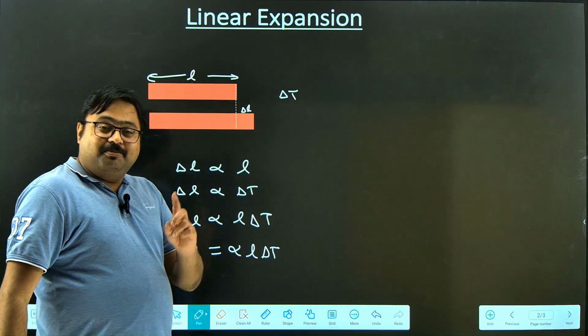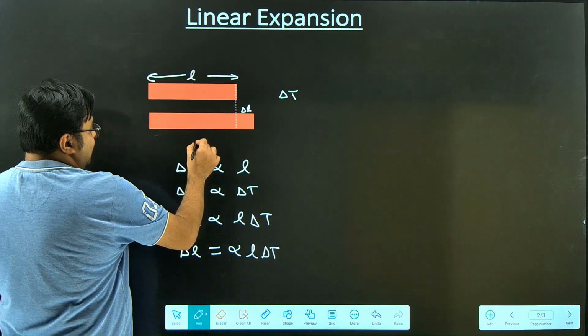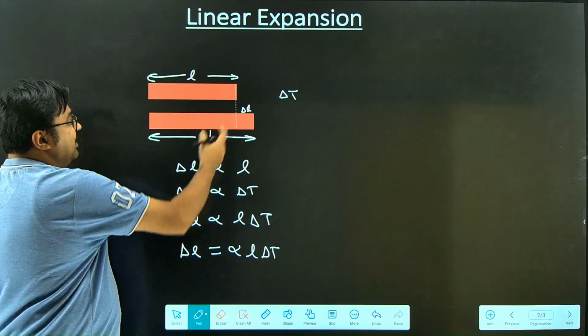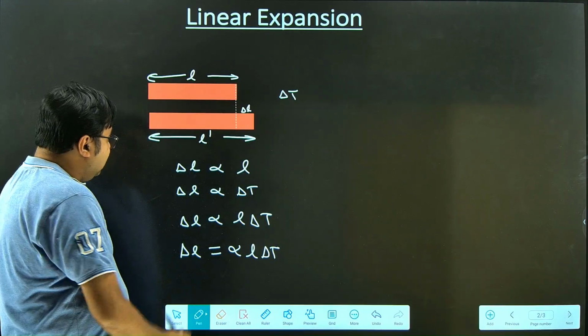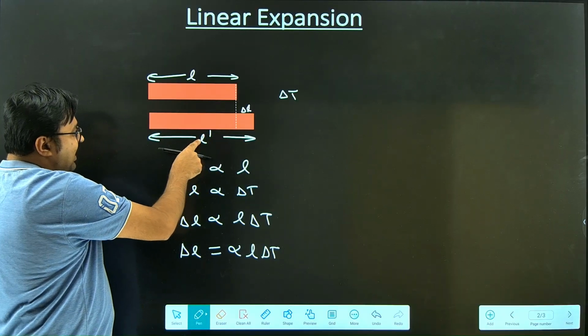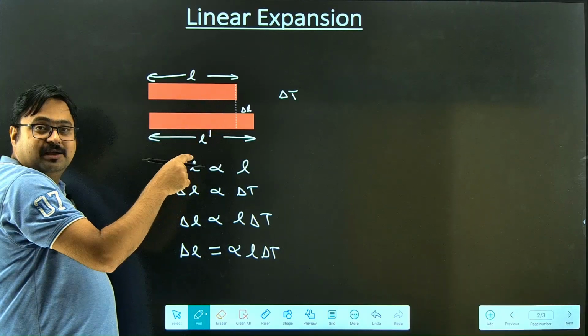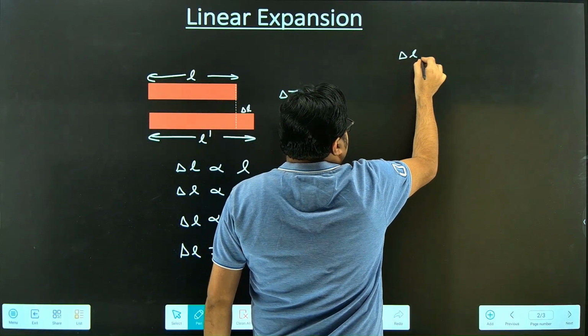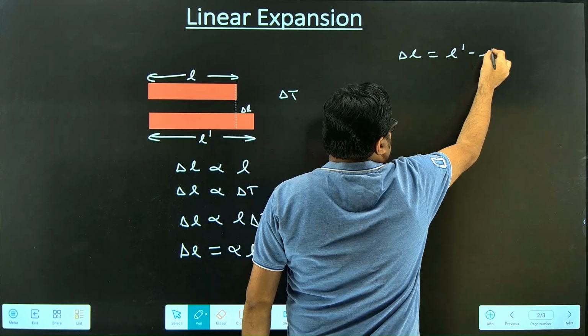Let's make another equation which tells you the final length of the material when you heat it by an amount delta T. Well, it's quite evident that L dash and L are related this way. You see, delta L is simply the new length minus the old length.